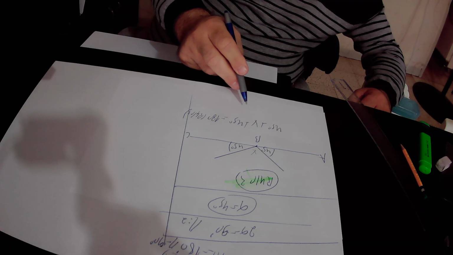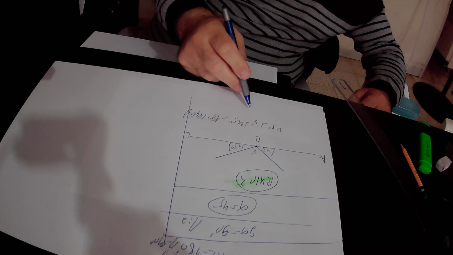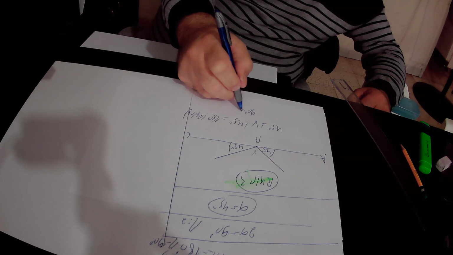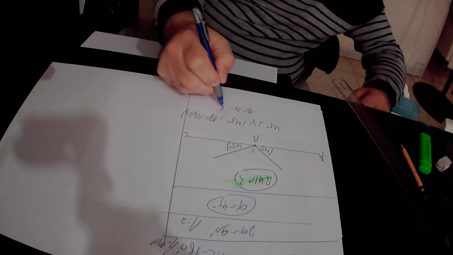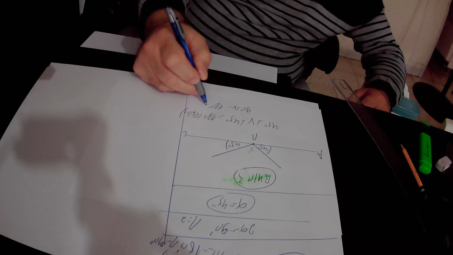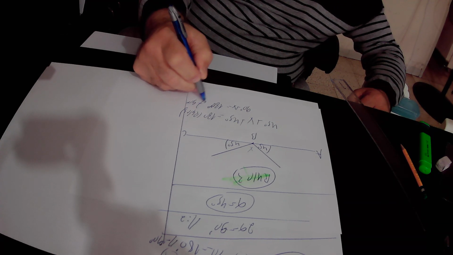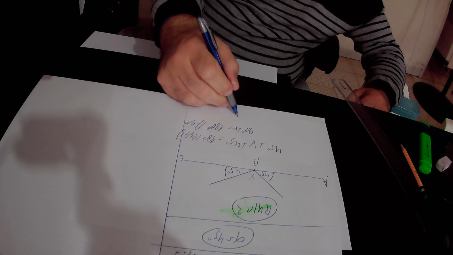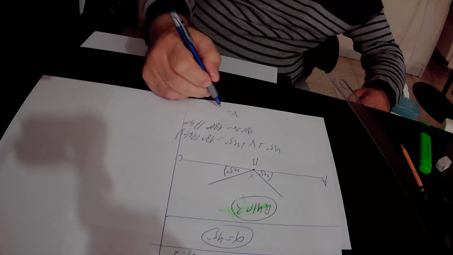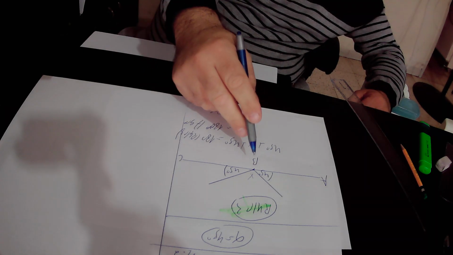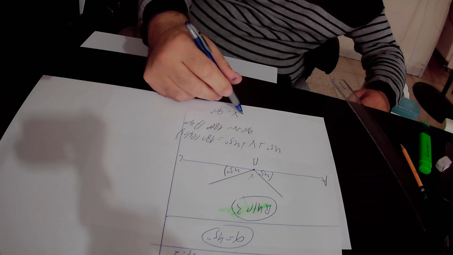So 45 degrees plus 45 degrees is 90 degrees. So in total, on this side of the equation, we have 90 degrees plus X equals 180 degrees. Here we subtract 90 degrees from this equation, and we get that the missing angle X equals 180 degrees minus 90 degrees, which is 90 degrees. So the missing angle is the right angle, it equals 90 degrees.